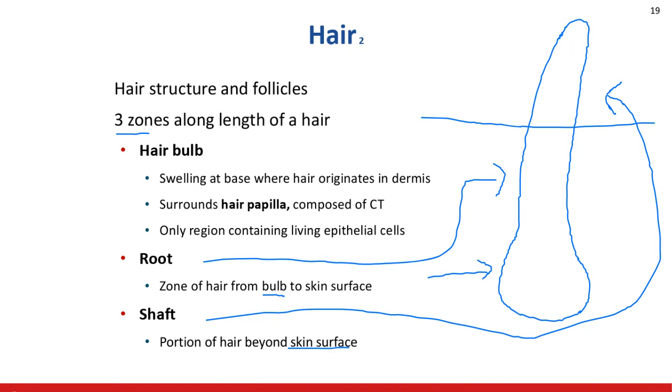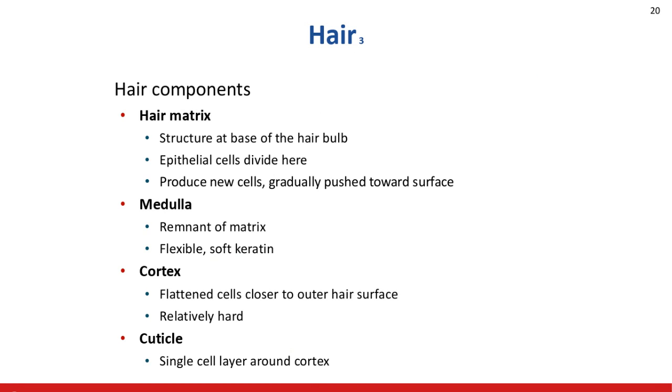That's the swelling, and it's covered by a structure called the hair papilla, which is just a connective tissue sheath that surrounds it. This is the only area that has living cells. All the rest of the hair is dead. So the hair bulb is the only area of the hair that has living cells.